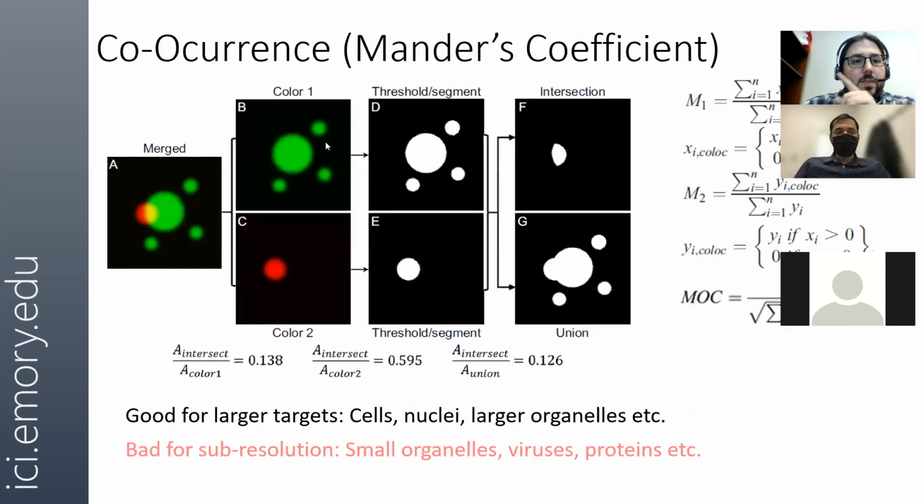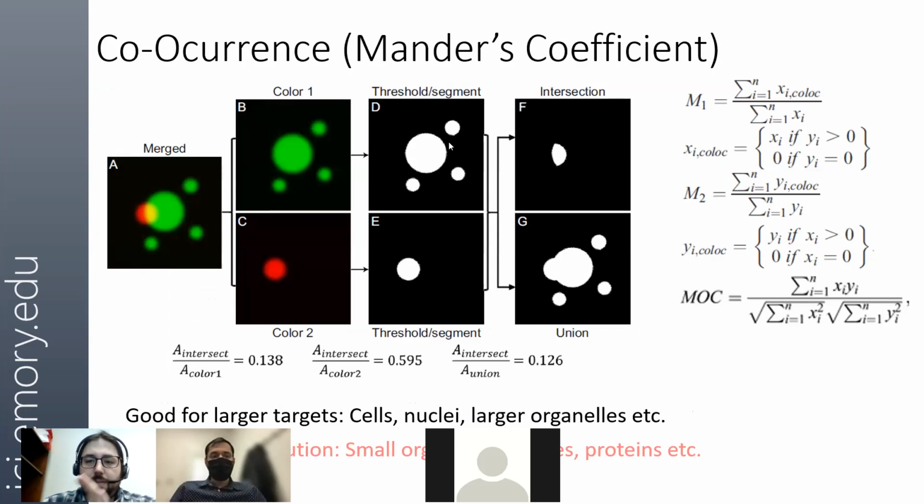So first, let's start with Manders coefficient, co-occurrence. And this is here just to illustrate the mathematics that go into it. You're not going to need to do any of this yourself. When we get to the Easy Colocalization plugin, I'll show you how to get all of these coefficients.